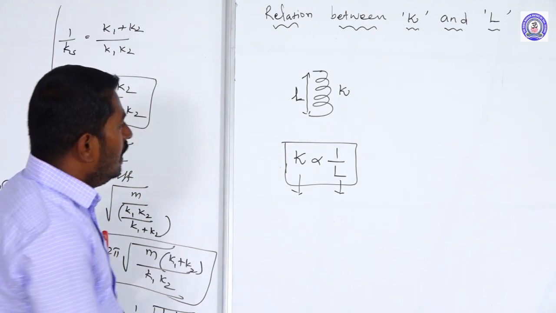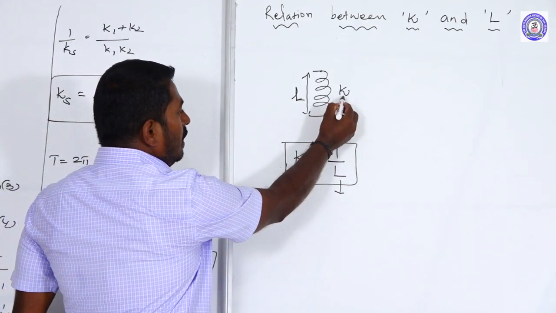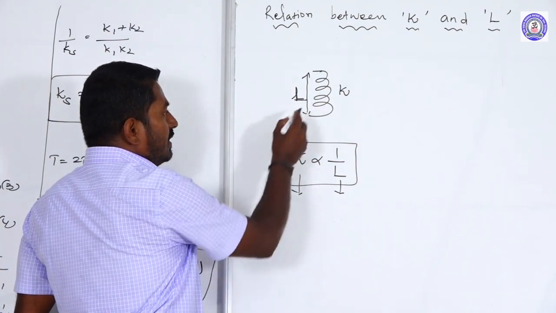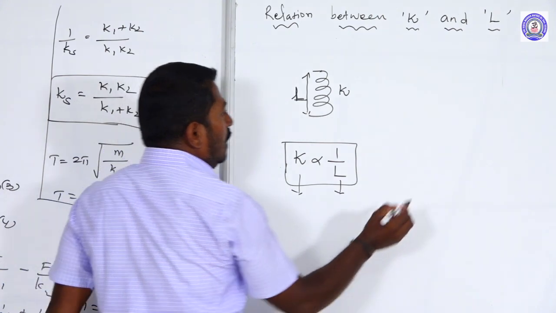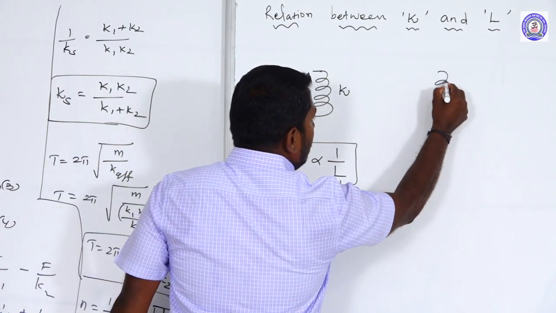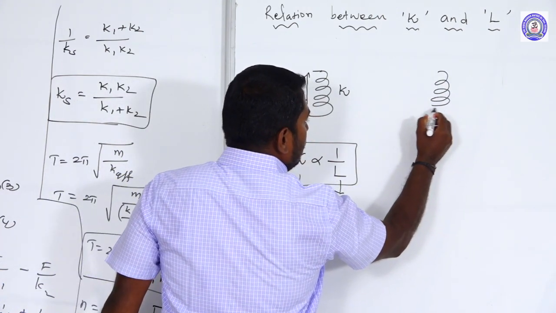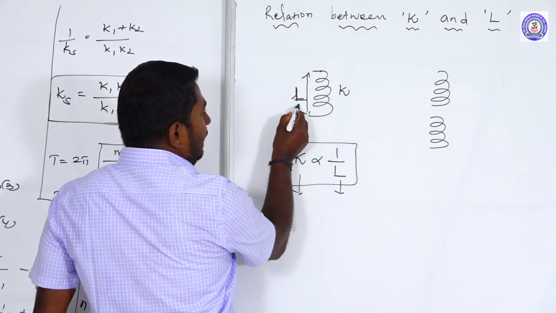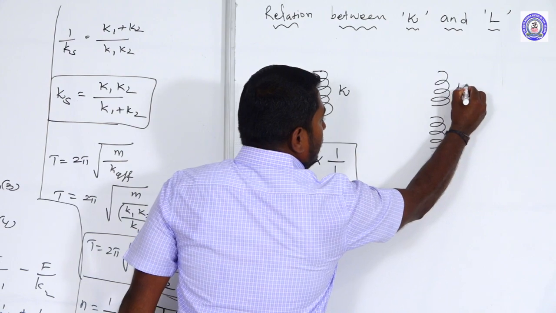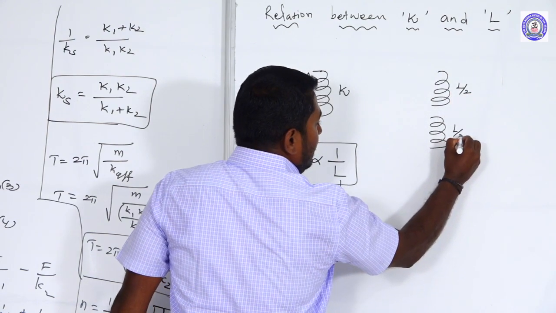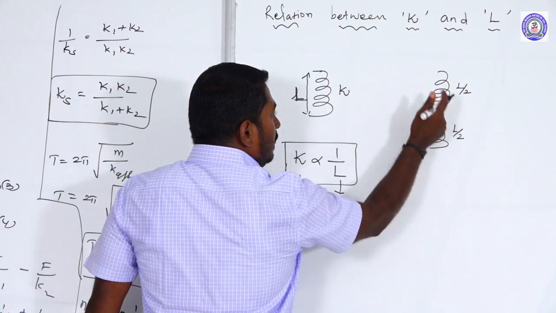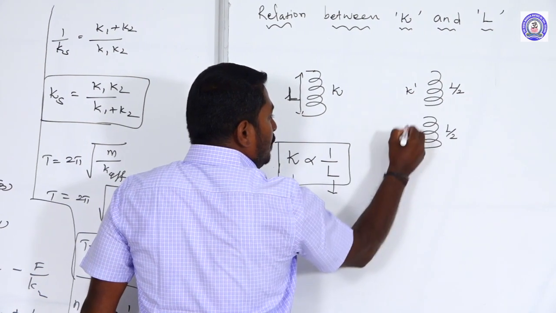For example, let us consider one spring with spring constant K and natural length L. Now this spring is divided into two equal halves. Then the original length is equally divided, L divided by 2 and L divided by 2. Now each segment has a spring constant K prime.